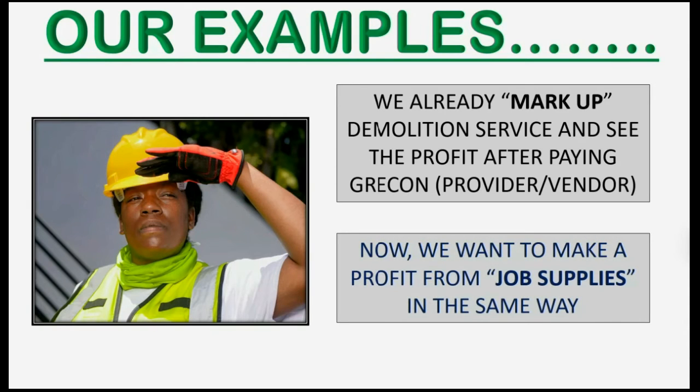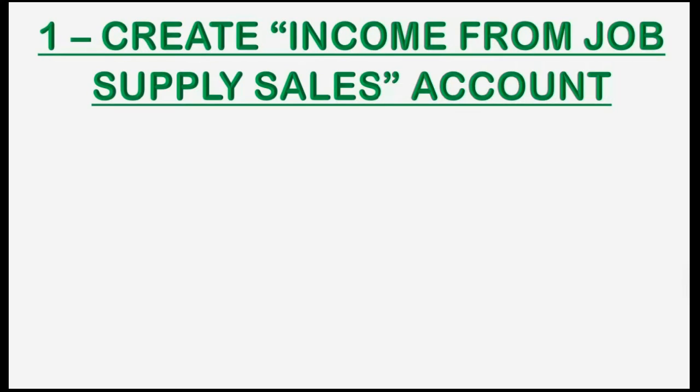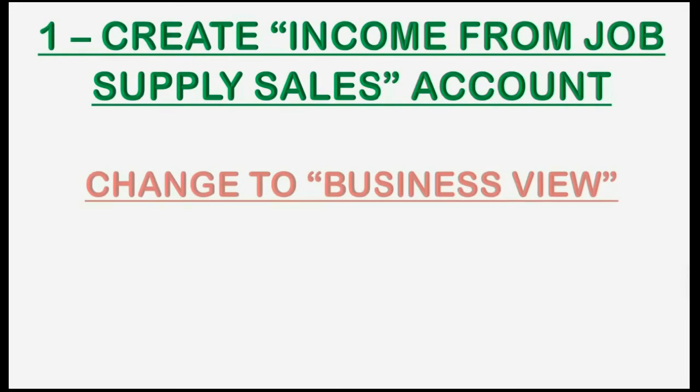Now we want to have another one. We want to have income from job supplies compared to job supplies expense in the same way. So now let's do step number 1. Let's create an account called Income from Job Supply Sales, and we'll do that in the chart of accounts.